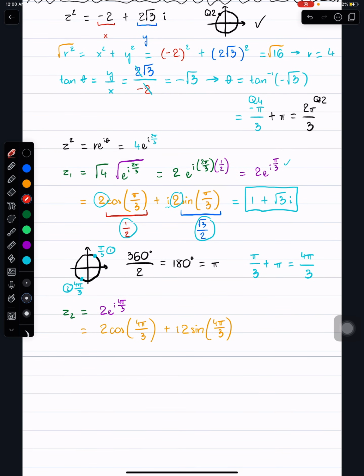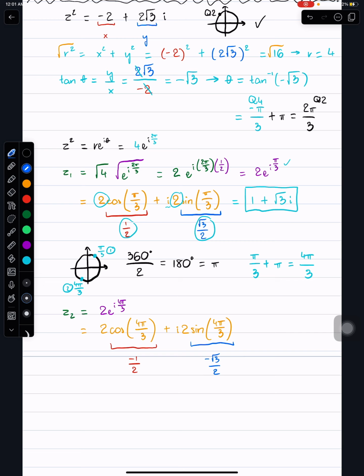So cosine of 4 pi over 3. In the calculator, it should be negative a half, or if you want, you can also look at the unit circle. It's going to give you the same thing. For the other one, sine of 4 pi over 3, it would be negative root 3 over 2, right? You can always just check it.